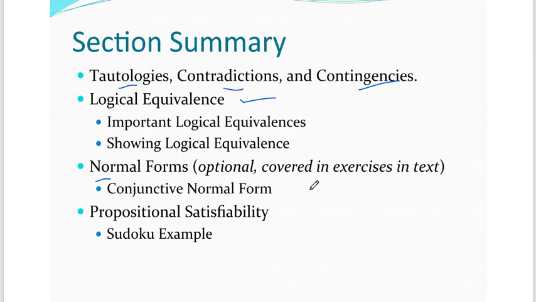So after today and tomorrow we will complete this chapter. First of all, let's start with the revision of the last lecture quickly. Then we will start with tautology, contradiction and contingency.